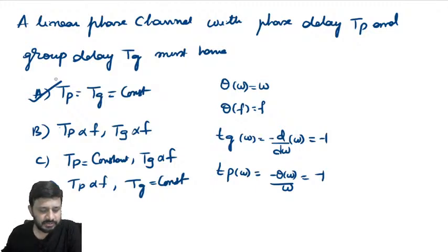For a distortionless transmission, remember, a linear phase channel means distortionless transmission, phase delay and group delay are equal and equal to a constant.